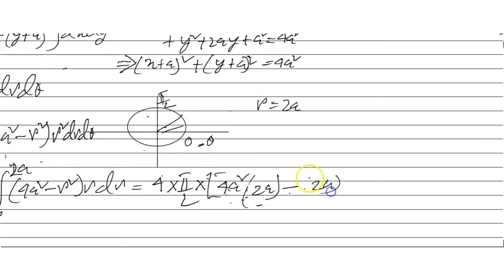So 2a whole to the power 4 divided by 4 into this way. This way I can write it, and it is 2a square by 2. So after the calculation, I get 8 pi a to the power 4. This is my answer. I hope I can clear this concept.